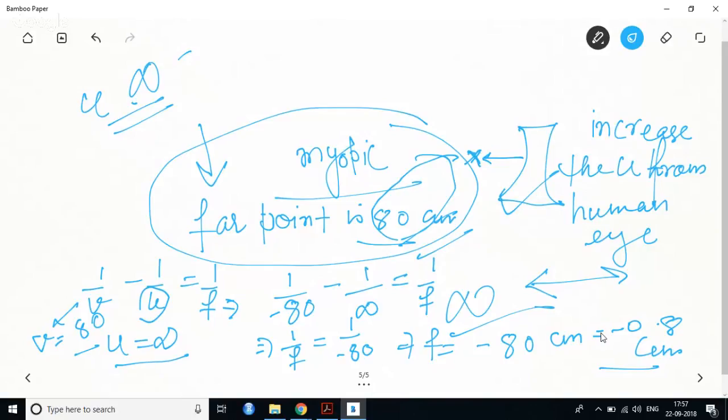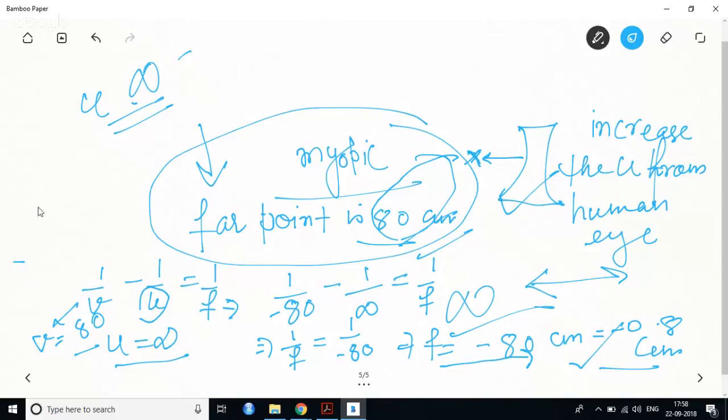Hence the image would be formed on the left hand side of the concave lens, which is opposite to the direction of movement of rays. That's why V has to be taken negative. If V is negative, the value of F would be negative. So this is how you have to solve the question.